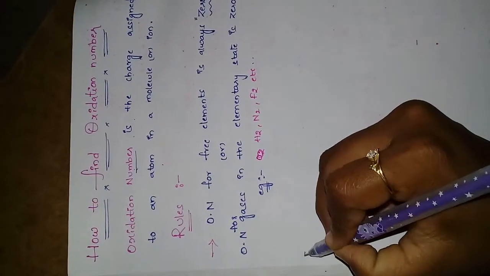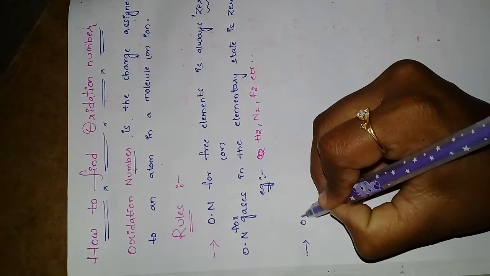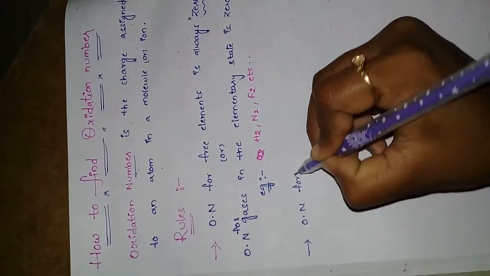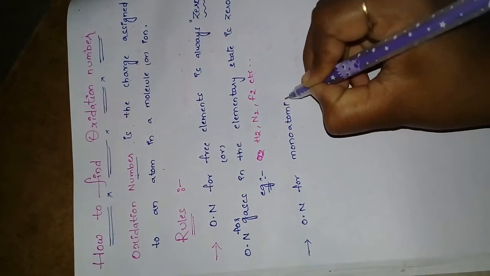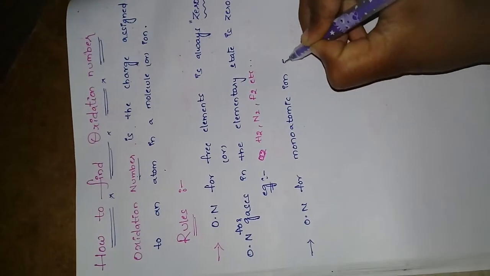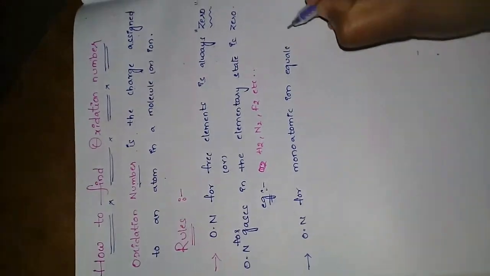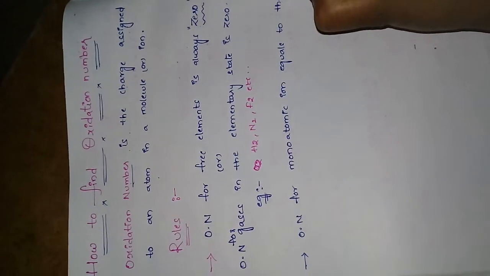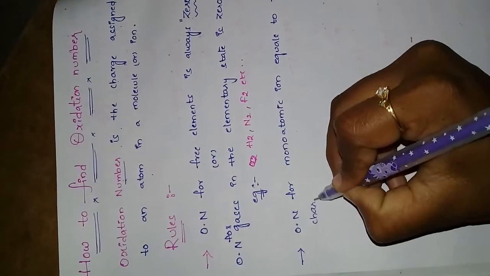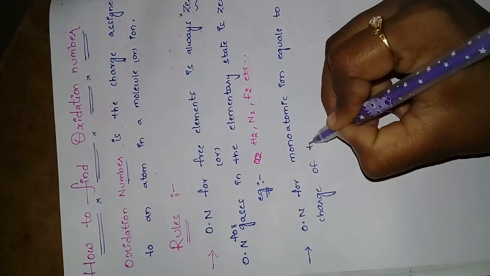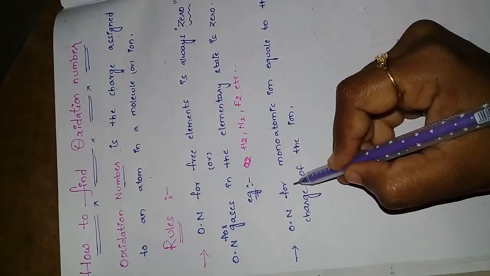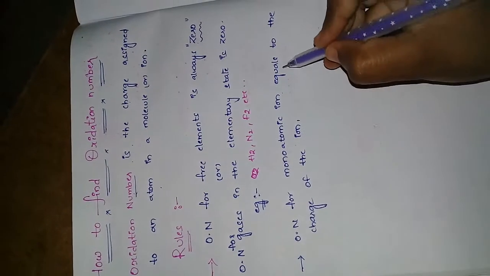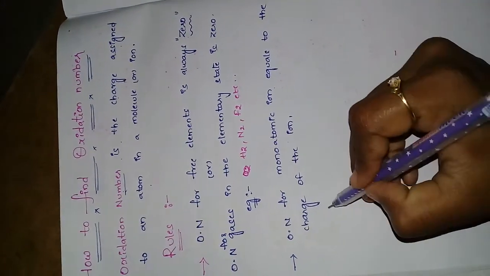And the second rule is: oxidation number for a monoatomic ion equals the charge of the ion.